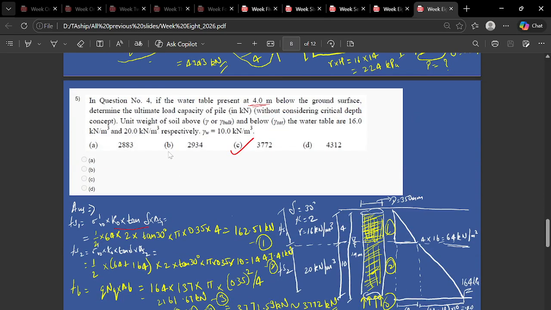And if your water table is present, then your effective stress variation will change. So the shaft friction capacity will also change, because it depends upon the effective stress of the soil or its variation along the depth.